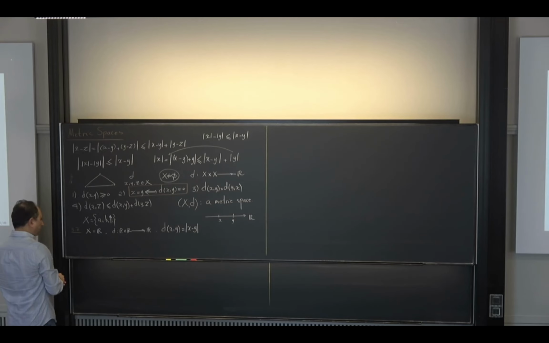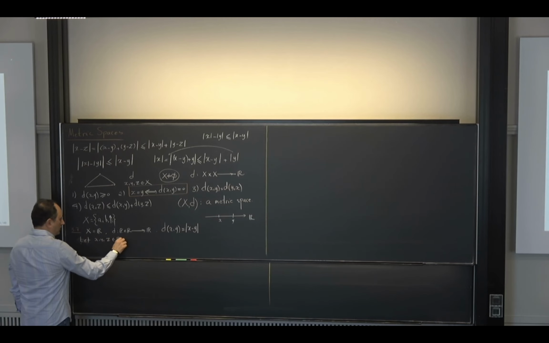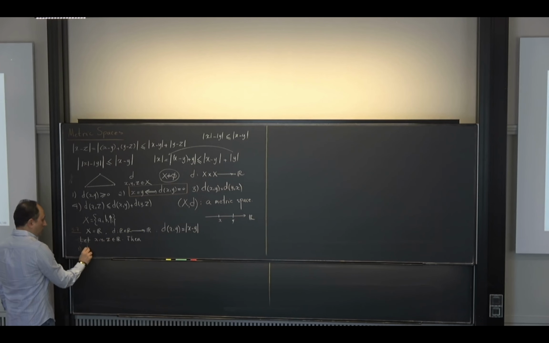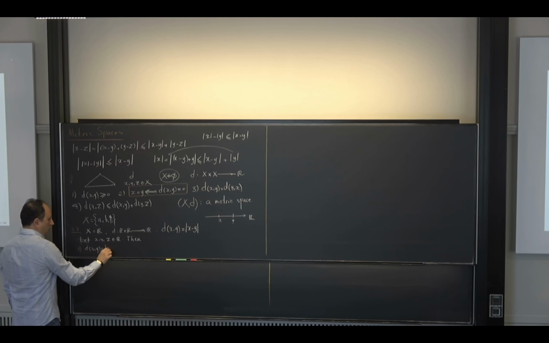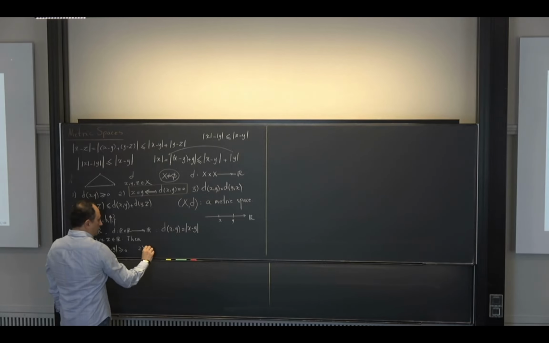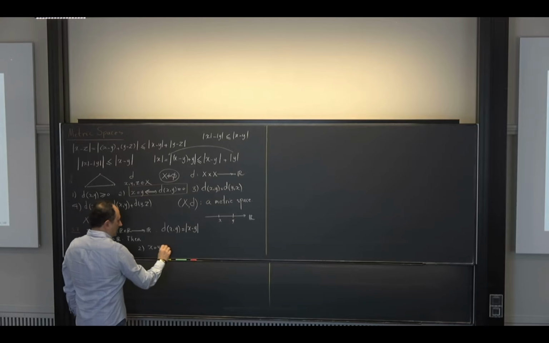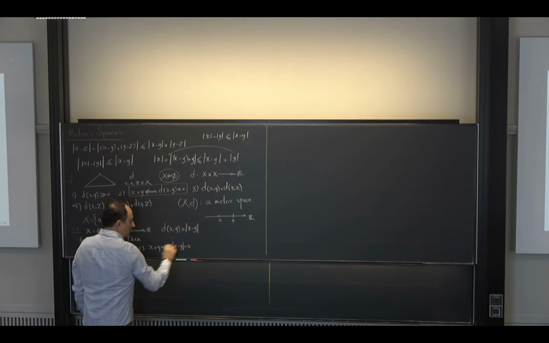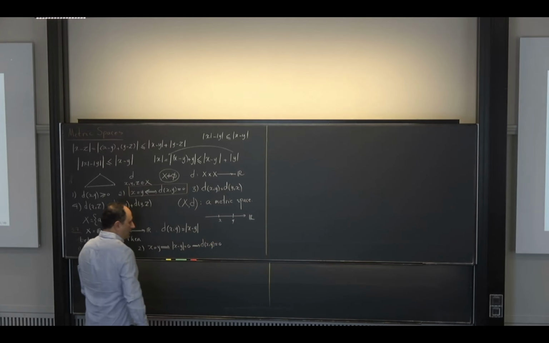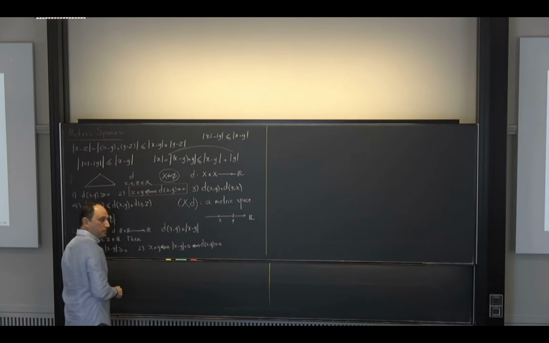So let x, y, and z belong to R. Then number 1, d(x, y), according to the definition, is the absolute value of x minus y, which is greater than or equal to 0. So the first one is satisfied. Number 2, do you agree that if x is equal to y, then the absolute value of x minus y becomes 0? And this means that d(x, y), the distance from x to y, is also 0. And hopefully you can see that this is also reversible.